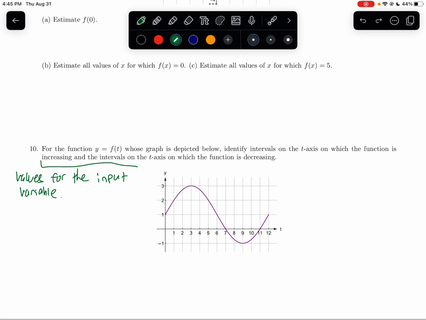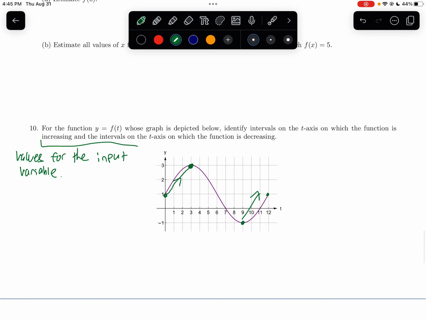Horizontal input values. And so we can see that the function increases from here to here. Right? It's going in the upward direction. It's also going in the upward direction from down here and up to the end.